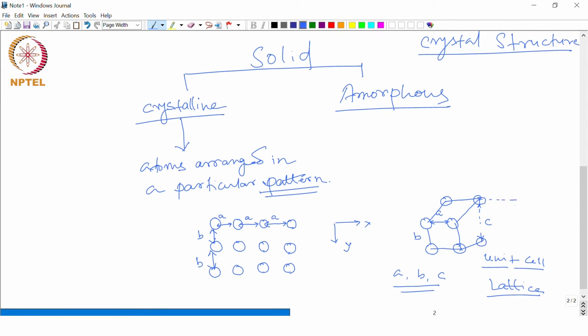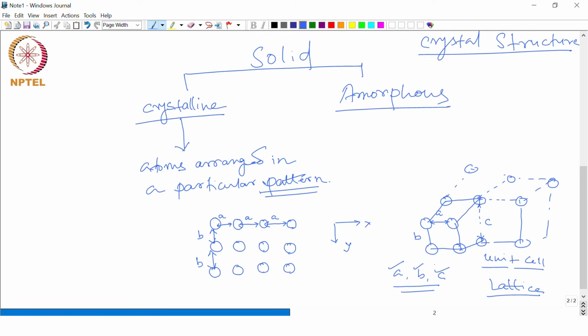So, it can be repeated again, like as I said, and these distances along each of these axes will remain same as A, B and C. Okay.